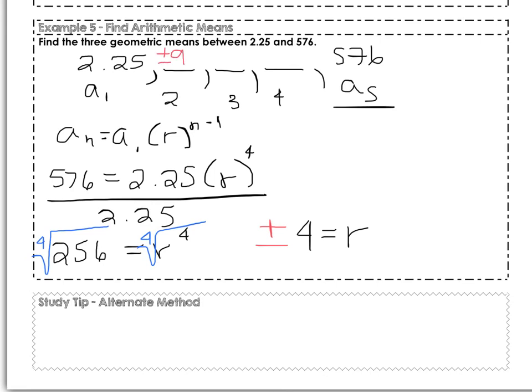Then I'm going to take 9 and multiply it by 4, and it is going to be the answer of 36. Now, regardless, this has to be positive because our odd-numbered terms in the sequence have to be positive. So then our even term is positive or negative. 36 times 4 gets me 144.